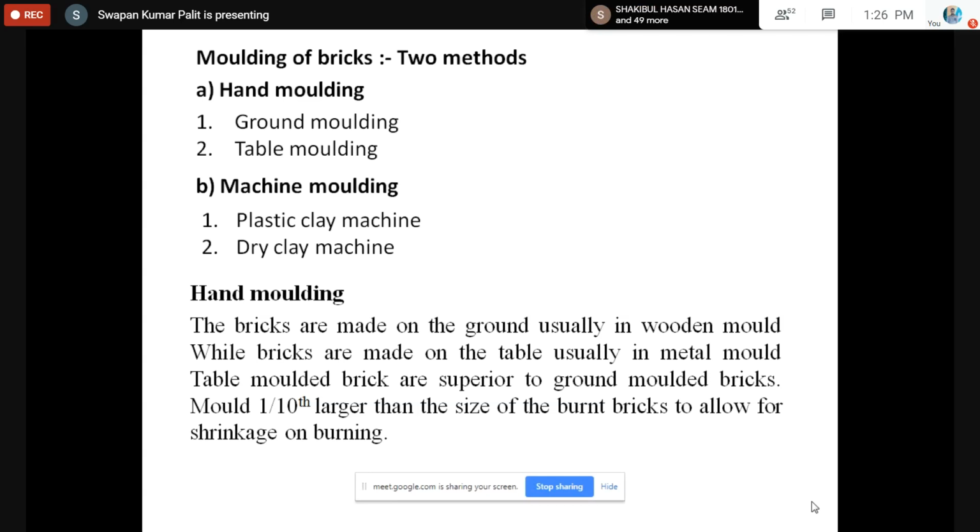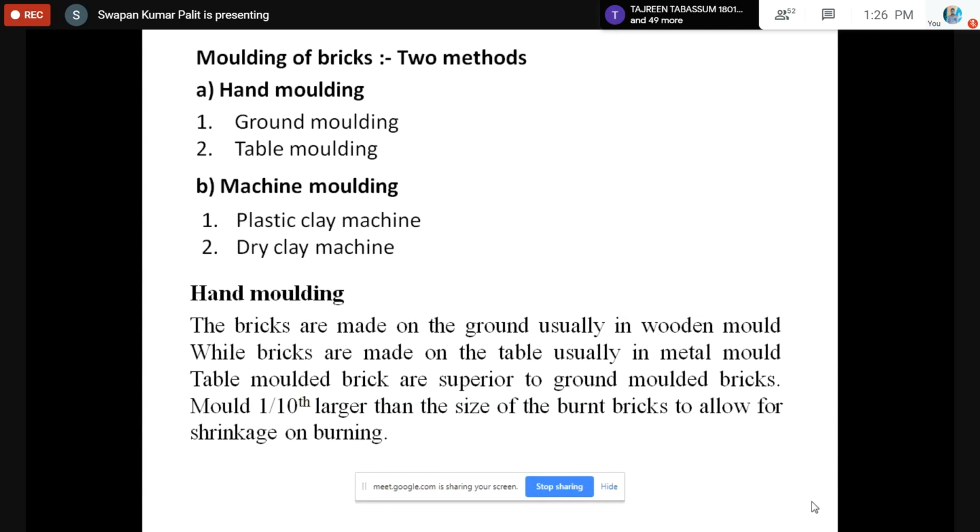What is the size of a brick? Do you know? 9.5 and 4.5 and 2.75. Okay. 2.75 inch, 4.5 inch, another is 9.5 inch. So the brick mold will be 10% higher than this size. Why?